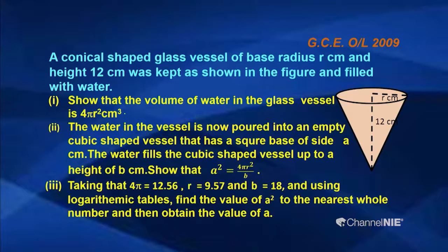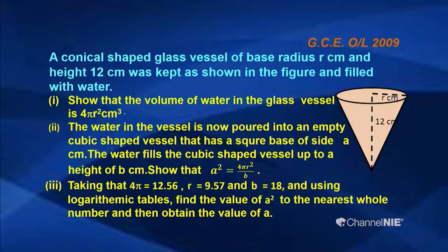And 12 centimeter is the perpendicular height of that one, that is very important. I told you there are two heights of a cone, the slant height and the perpendicular height, but when finding the volume we use the perpendicular height. So 12 centimeter is the perpendicular height and the radius is r centimeter.